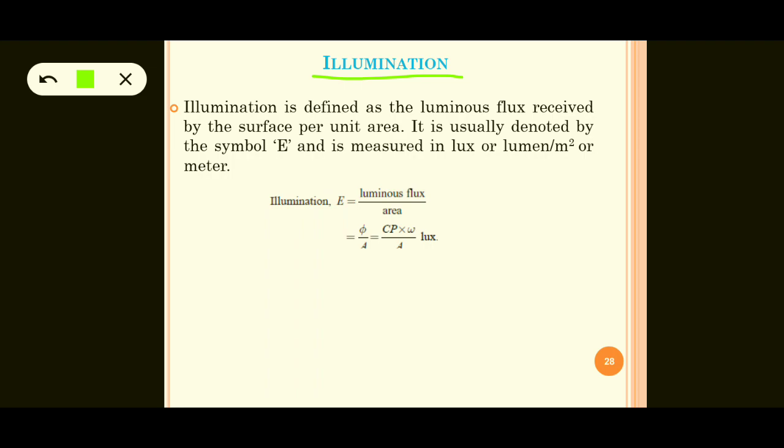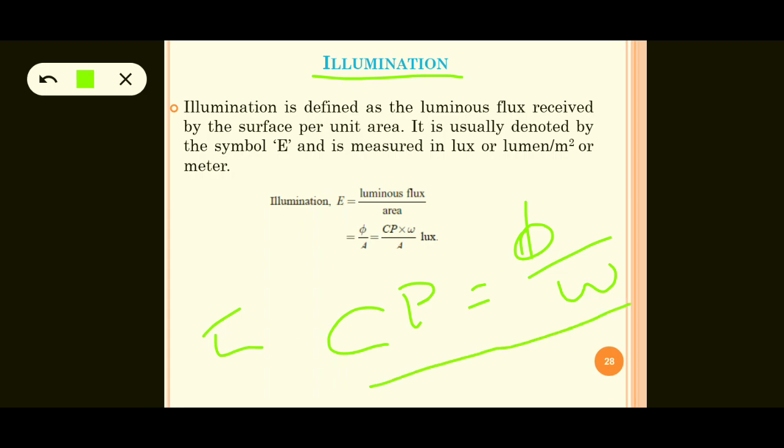So illumination is represented by the letter E, equal to flux per area. Intensity, or candle power, is equal to flux per solid angle, and solid angle is represented by omega.